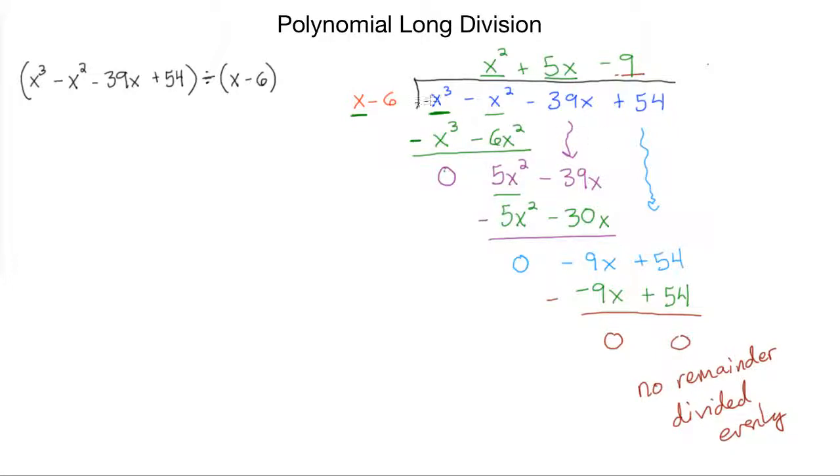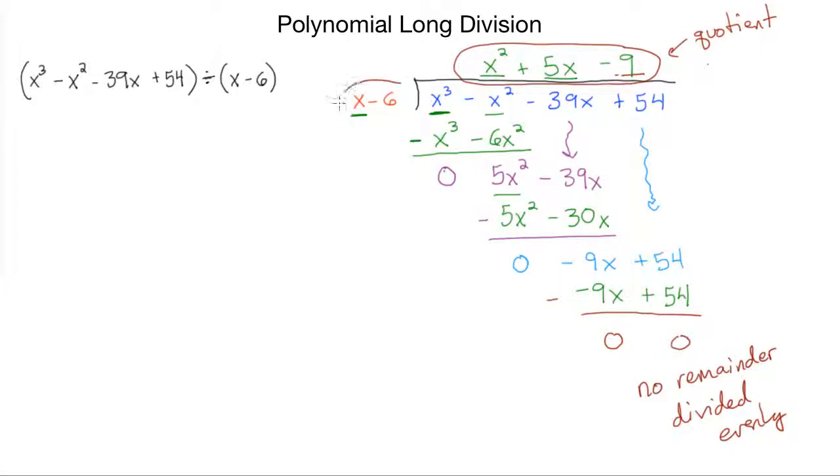All right, so if I take this 4-term polynomial and we divide it by x minus 6, the result, the quotient, label that here, this is my quotient. It equals x squared plus 5x minus 9. So when I divided them, I got a trinomial.